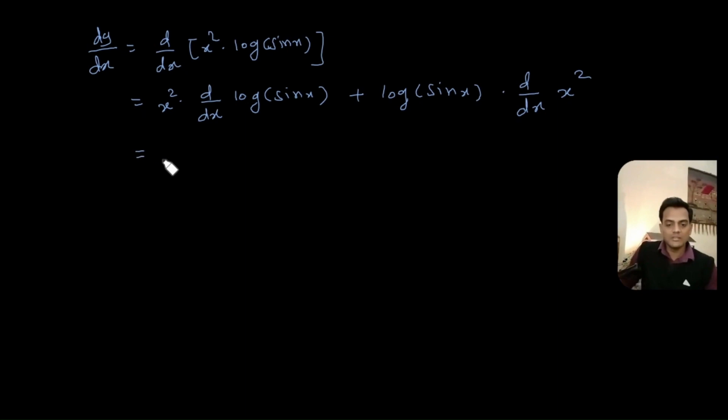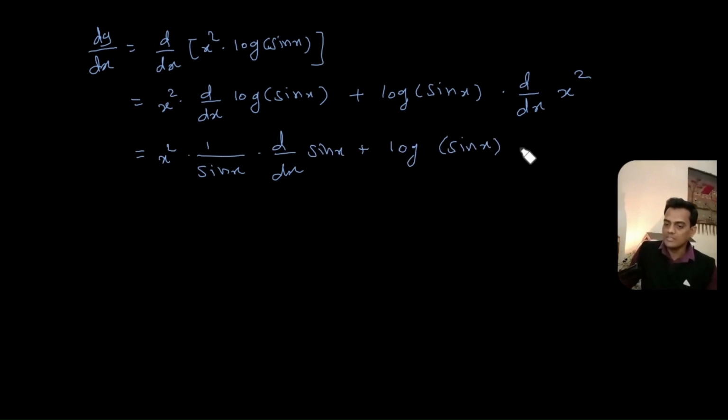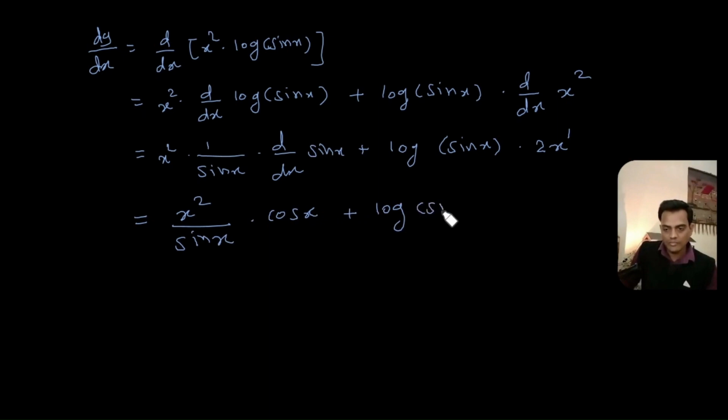So it will become x square. The derivative of the log term first of all is 1 upon sine of x into the derivative of sine of x, plus log of sine x as it is, and the derivative of x square is 2x, the power comes in multiplication and the power is reduced by 1. So it will become x square divided by sine x, and the derivative of sine is cos x, plus log of sine x into 2x.